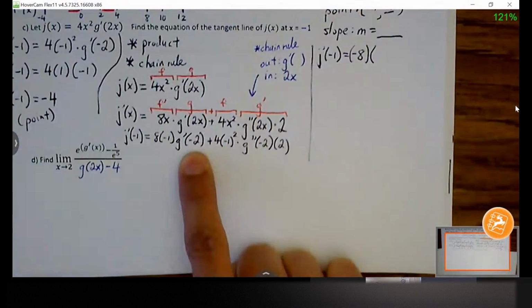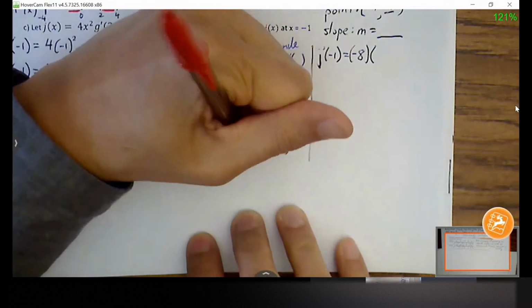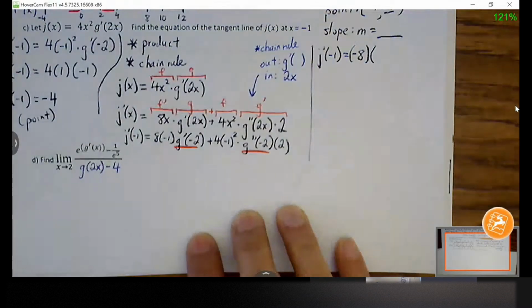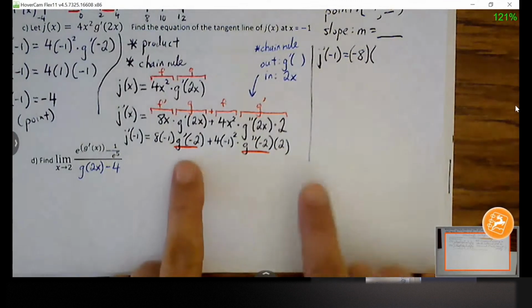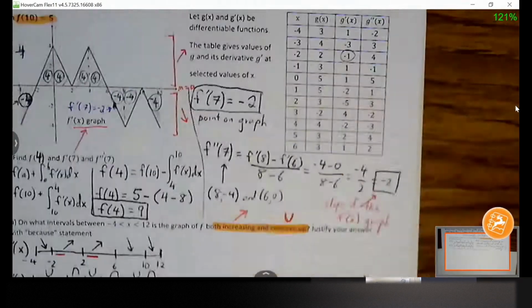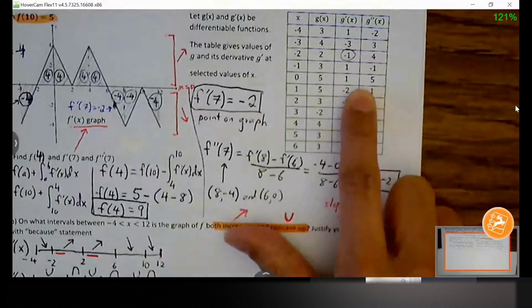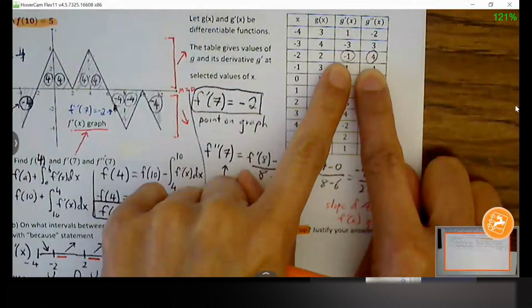We go to our table so we can make the appropriate replacements here. We need G prime of -2. We need G double prime of -2.